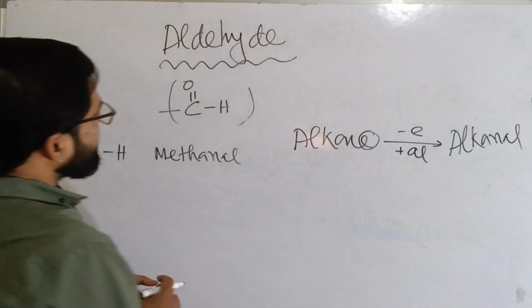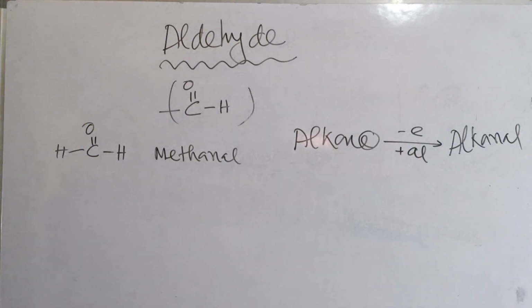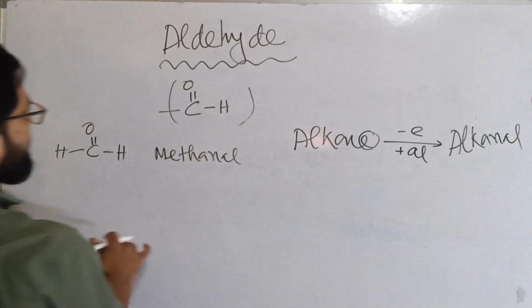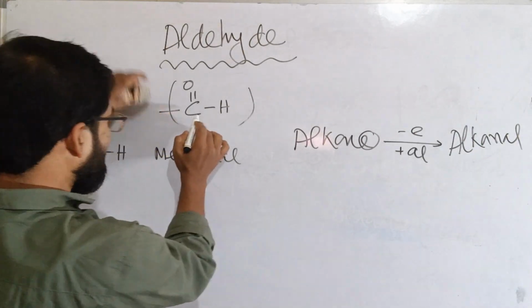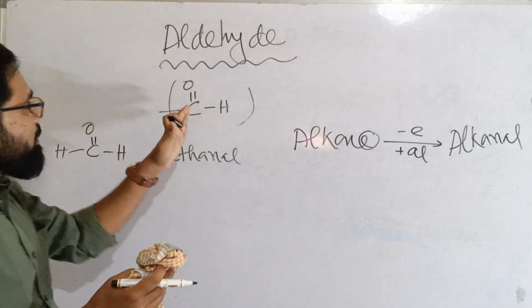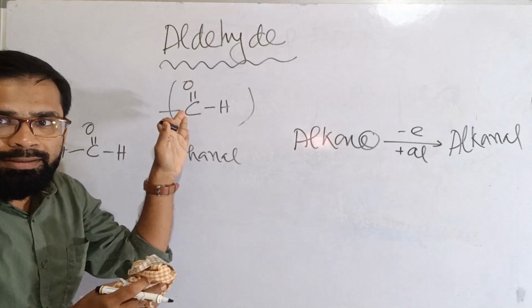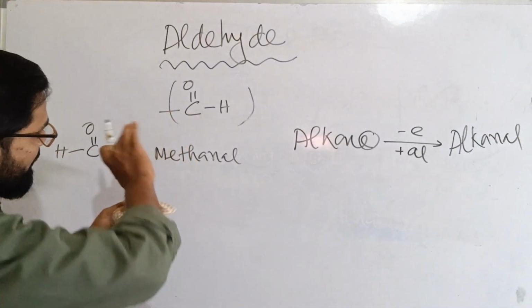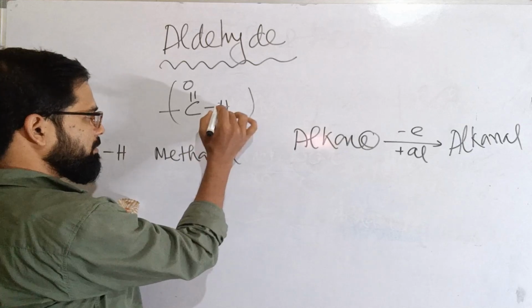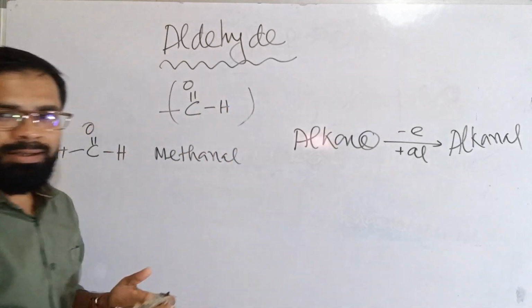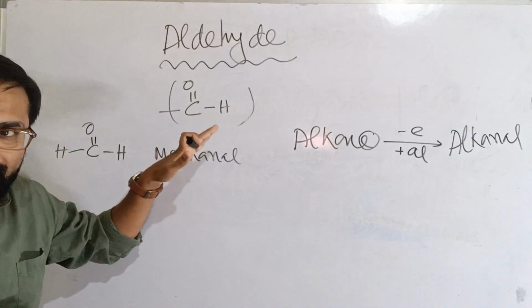Now the next functional group, that is ketone. In case of aldehyde, we already saw we compared it with carboxylic acid. So in carboxylic acid, if we remove OH and just bond it with hydrogen, that becomes aldehyde.